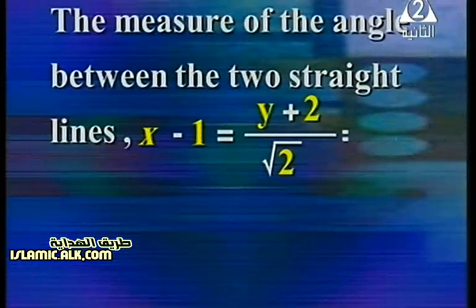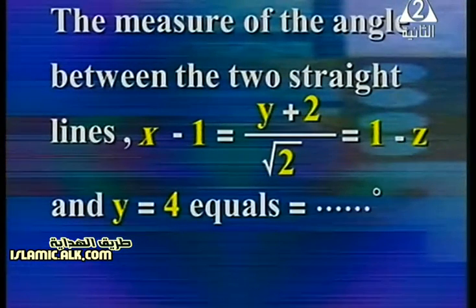Look at this, dear student: the measure of the angle between the two straight lines (x minus 1) equals (y plus 2) over root 2 equals 1 minus z, and y equals 4, equals what? We have two straight lines.